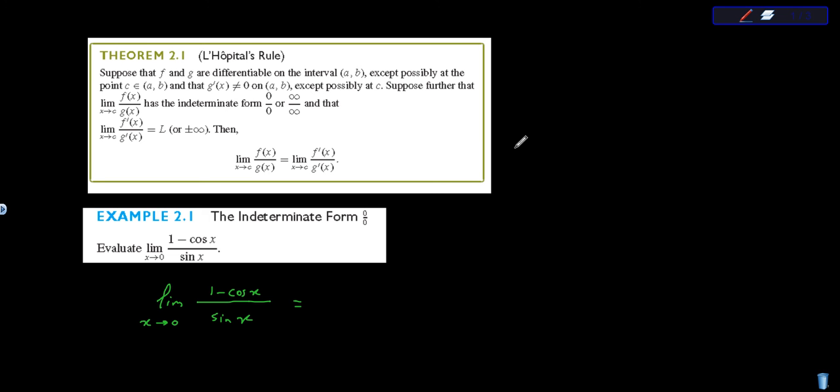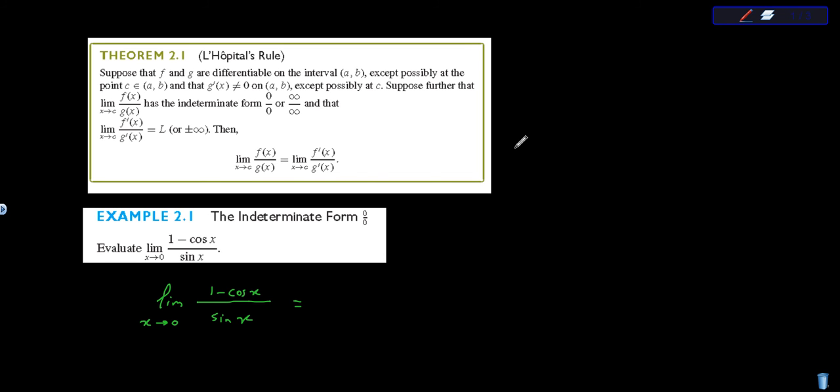Suppose further that the limit of f of x over g of x as x approaches c has the indeterminate form 0 over 0 or infinity over infinity, and that the limit of f prime over g prime as x approaches c equals a specific limit L, or positive or negative infinity.